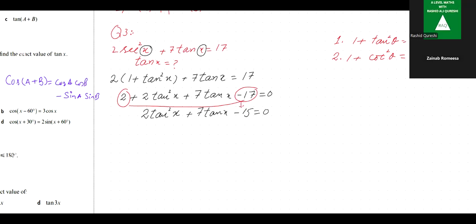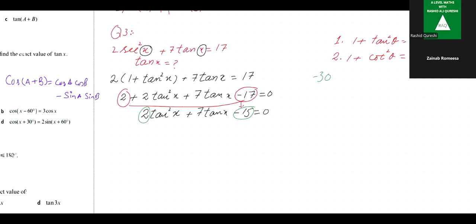Now there are two ways to solve this question. The first one is I can use the quadratic formula. The second is I can use middle term breaking. So the first one is I have to make middle term breaking, multiply this 2 by this minus 15. I will get the minus 30. Make two factors of the minus 30 such that when you subtract the factors, the answer will be 7, and when you multiply, the answer will be 30.